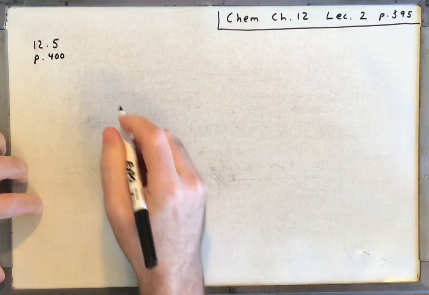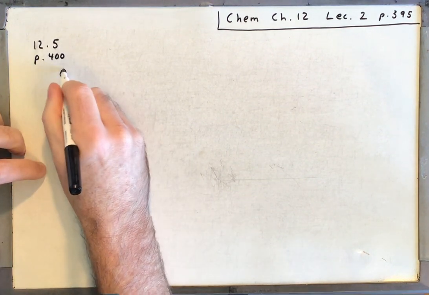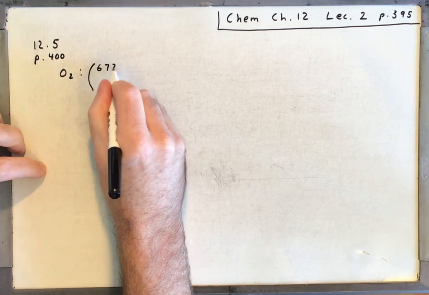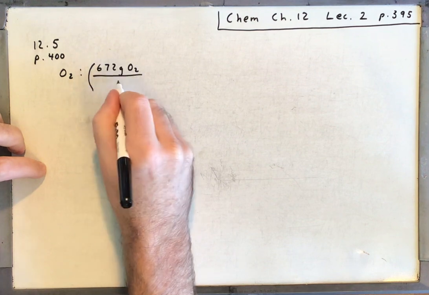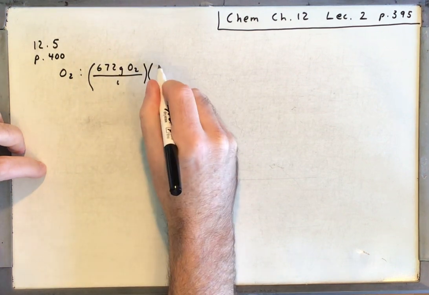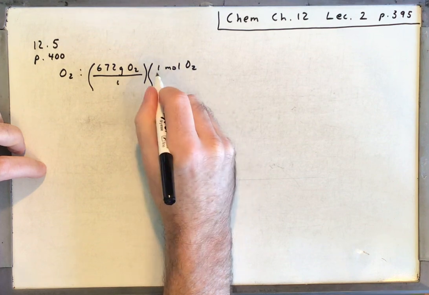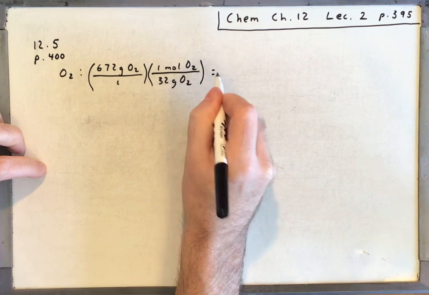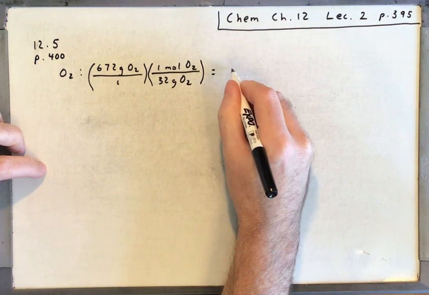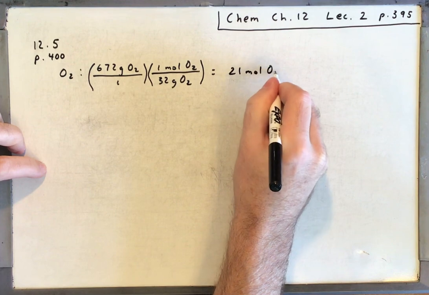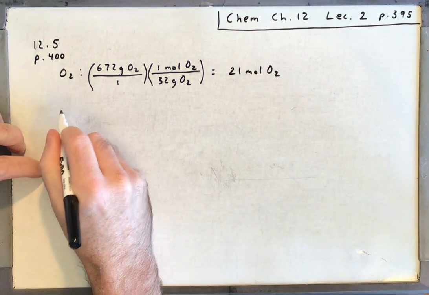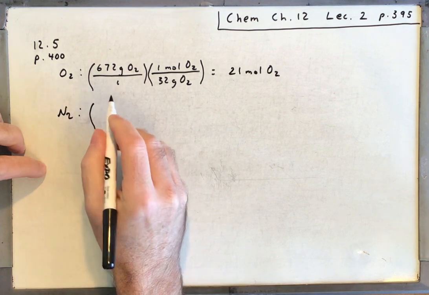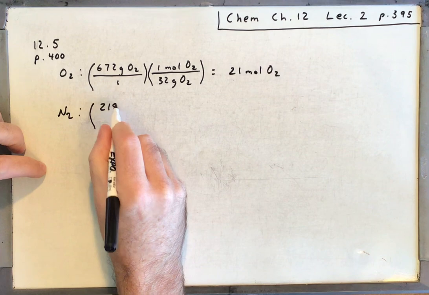Well, we're going to have to get moles. All right, so for oxygen, O2, we've got 672 grams. Need to change that to moles. O2 would be 32 grams per mole, so that is 21 moles. The next gas is nitrogen. It says we have 2,184 grams.